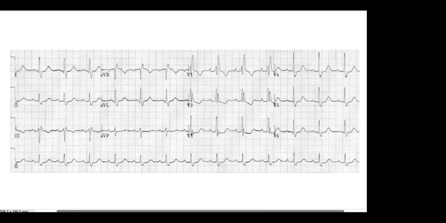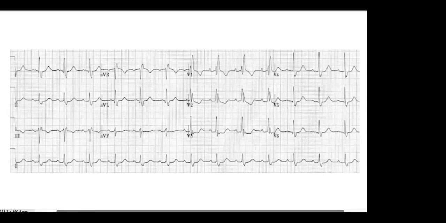Anybody? Even if you don't know how to define it, just point out and say, this one doesn't look normal. This part does not look normal. Okay, I'll give you a hint.